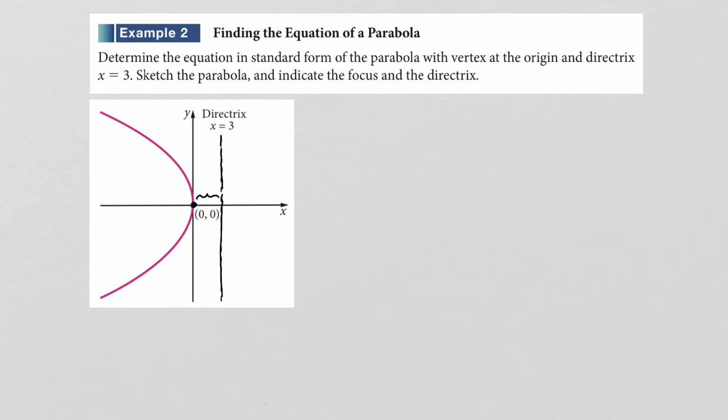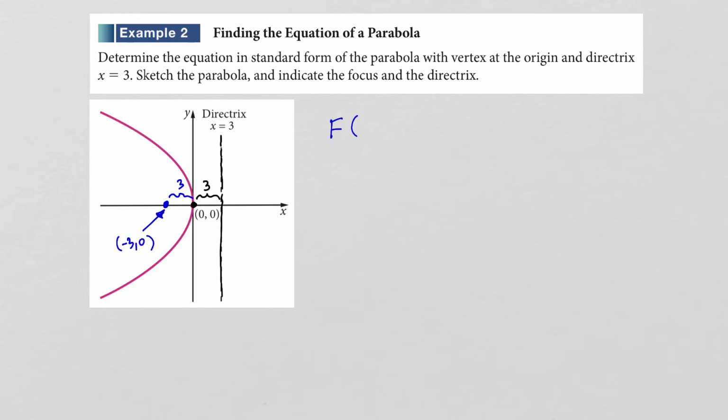That means that this distance here is 3 units. So the focus has to be on the other side of the parabola, and it must also be 3 units away from the vertex. So if that's 3 units, we know that the coordinates of that point must be -3, 0.